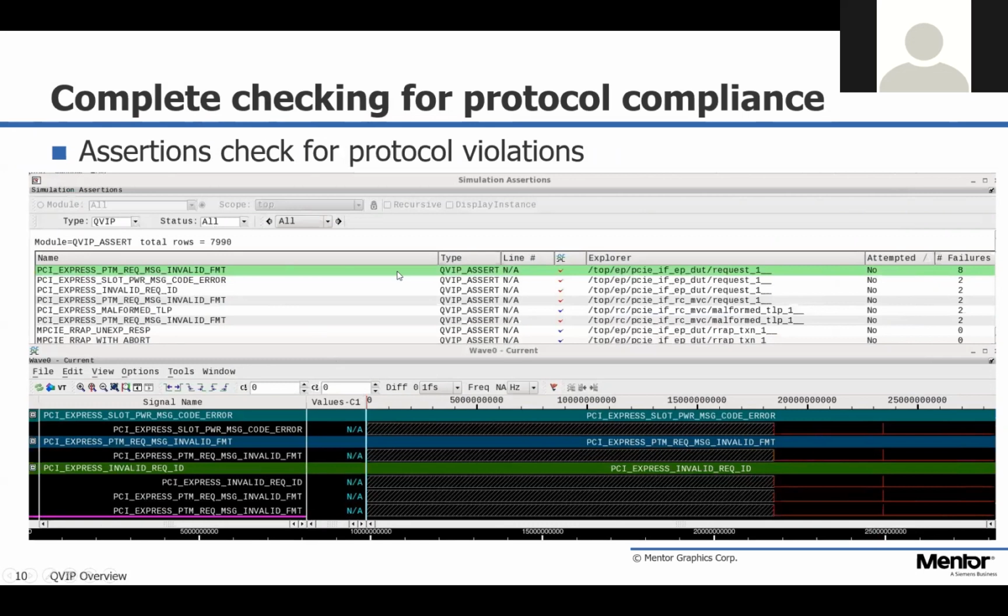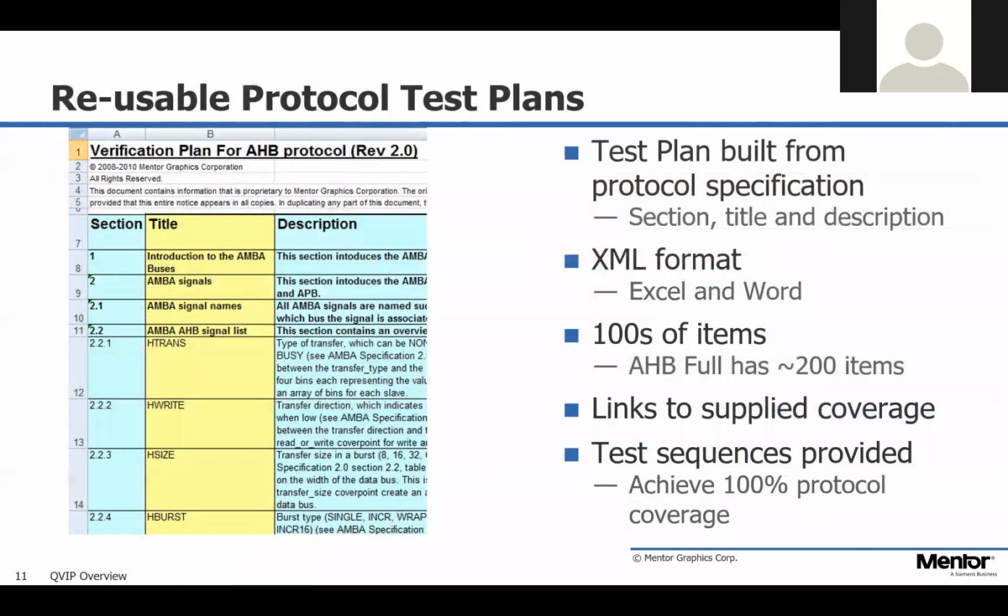So for any of these protocols, you can run a complete protocol compliance test. We have all the traffic generation, and all the assertions and cover points in there to actually run a full compliance test on that protocol. Or you can go into that test plan and say, what I really care about is certain types of transactions.